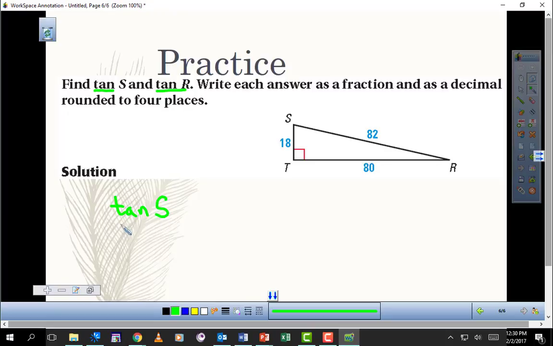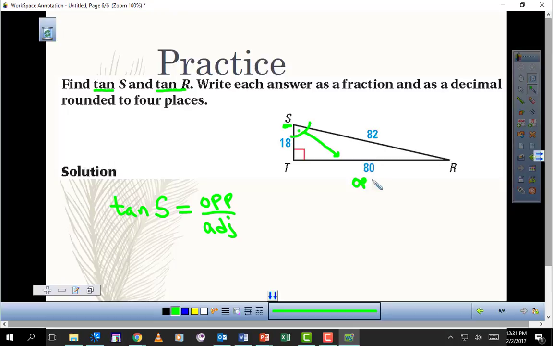The tangent of S is equal to the opposite side over the adjacent side. Okay? Well, remember how to identify the opposite side. Imagine this is the eye. This is my angle S I'm dealing with right now. The opposite side with respect to S is over here.